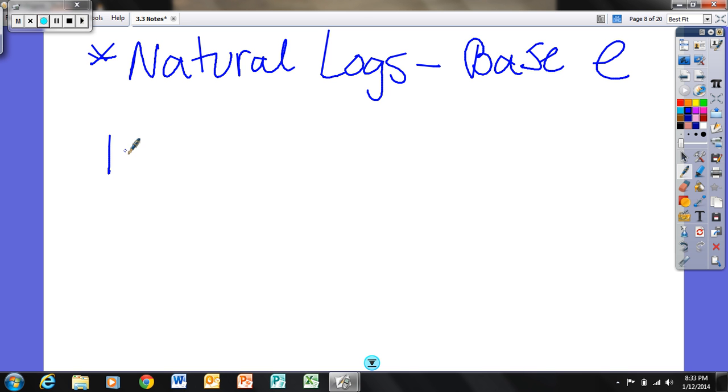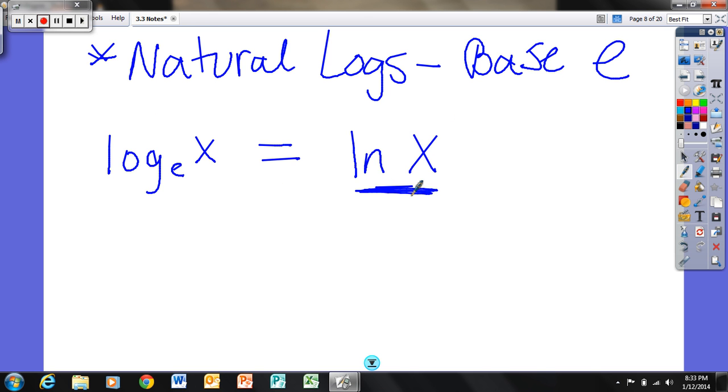In this case, we could say log base e of x is really the same as ln of x. This is the notation that we use for the natural log. I don't know why they call it ln instead of nl, but I think of it as natural log. They're backwards. So these two things mean the same thing. In 9 out of 10 cases, you're going to see it written as ln x.